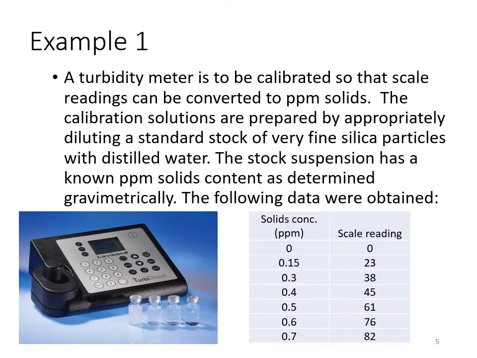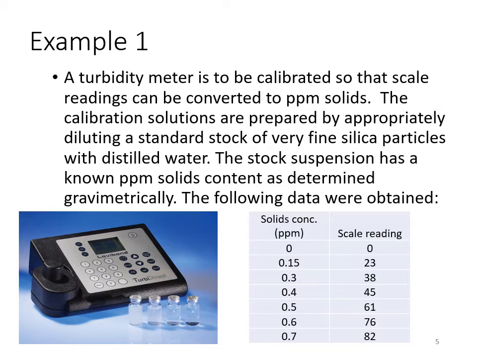So let's look at a first example, and in this case, we would be doing this if we were in the lab this semester. In this case, what we're looking at is obtaining calibration data from a turbidity meter. So we're measuring turbidity of a water. In order to be able to do that, we need to have standards.